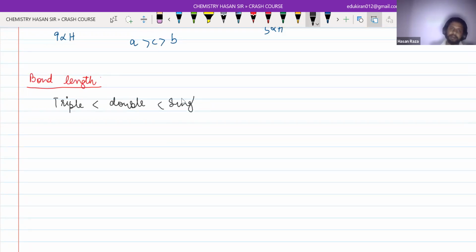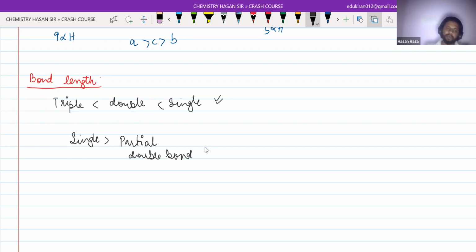That means single bond is the lengthiest bond. But there is another condition. Single is longer than partial double bond character. Partial double bond. Then comes your pure double bond. And then comes your triple bond.